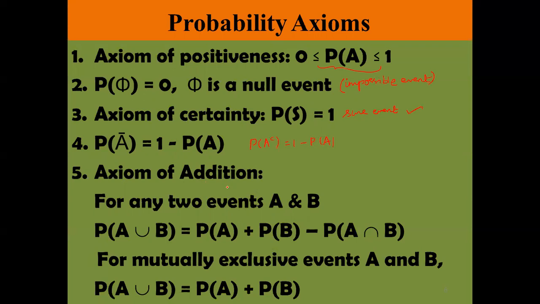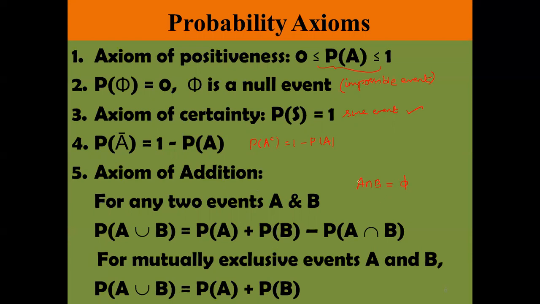The next is the axiom of addition. That is, for any two events A and B, P of A union B is equal to P of A plus P of B minus P of A intersection B. In the case of mutually exclusive events, we know that A intersection B is empty.